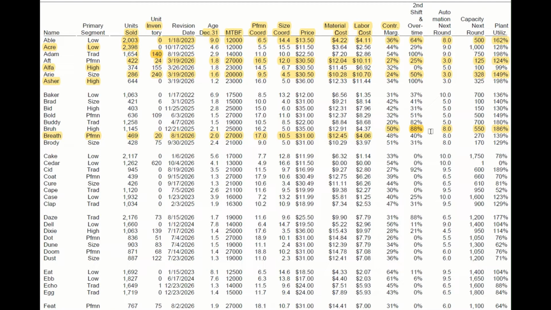If you take a look at the Andrew products, you can see, for example, Aerie is at 24%, Aft is at 27%, and Adams is at 54%. So obviously, Adams is a superb product. It follows the 10% rule. It's generating more than 30%, almost double GM in this particular case. We're selling a considerable number of units, so it really is a very good product line.